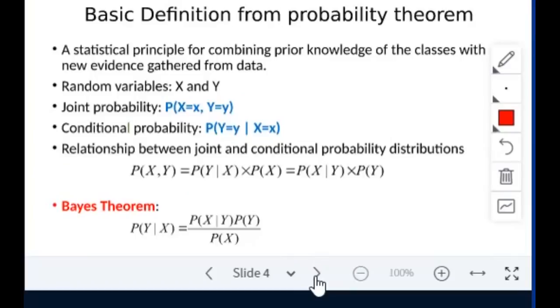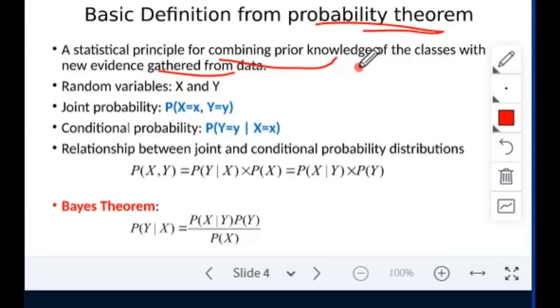Now we will move on to the basic definition of Bayes theorem. This theorem is a statistical principle for combining prior knowledge of the class with new evidence gathered from data.